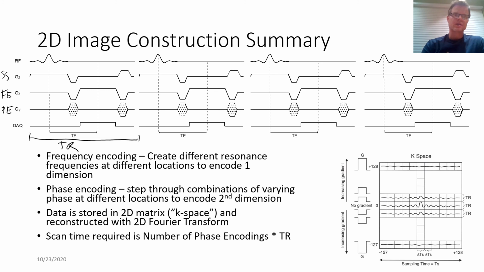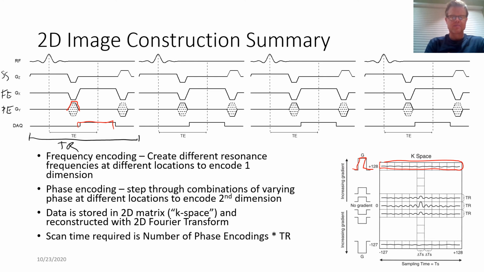And so basically the idea is that, say in the first TR, we would play this phase encoding gradient and then acquire some data, and that would end up being the high phase encoding gradient amplitude, so it'll be stored in our data matrix in this row.